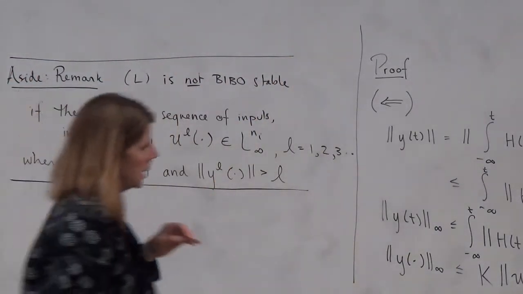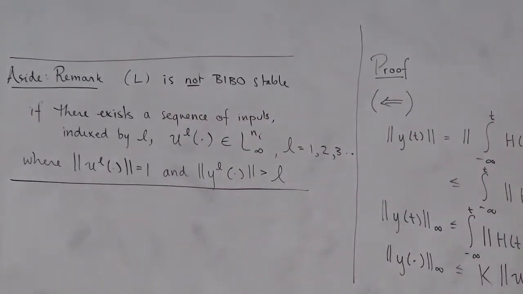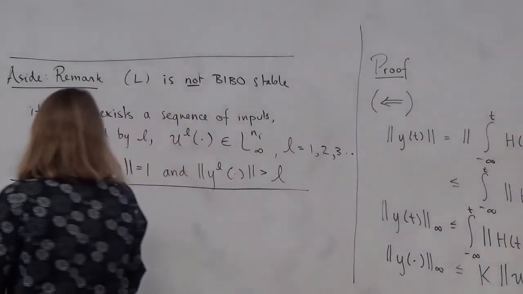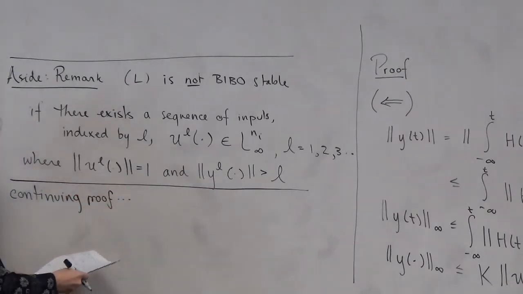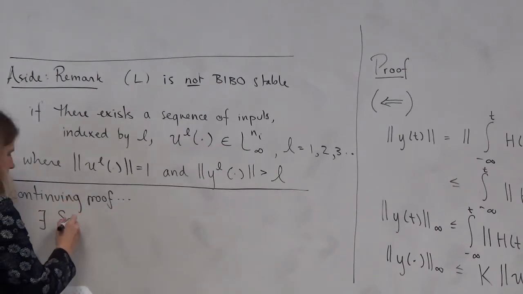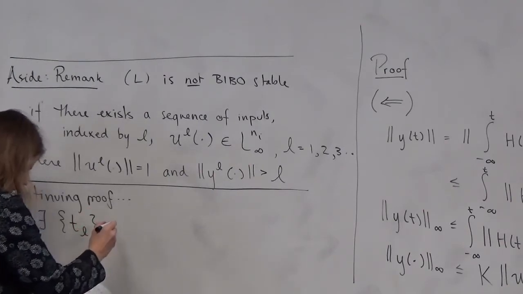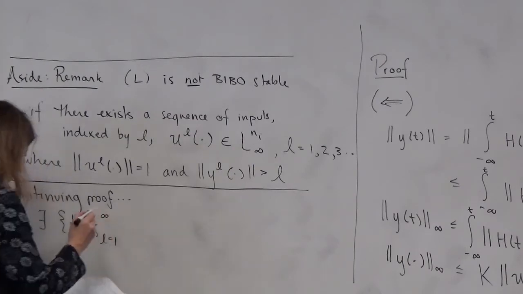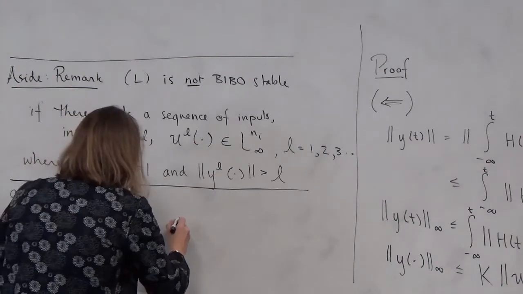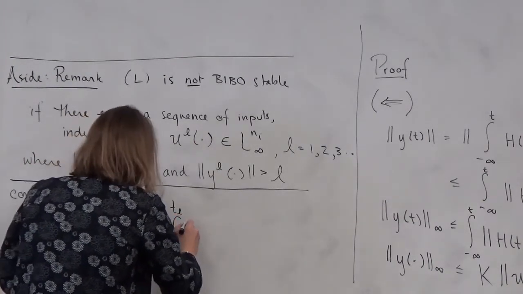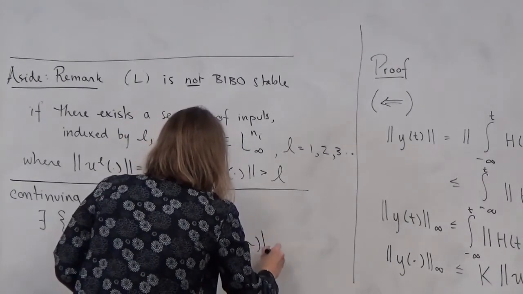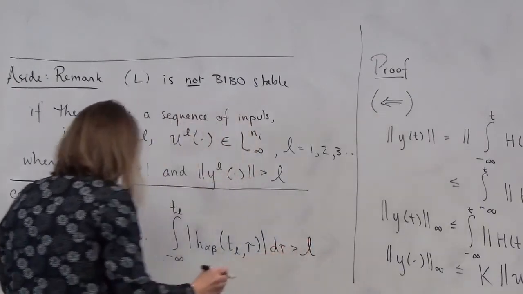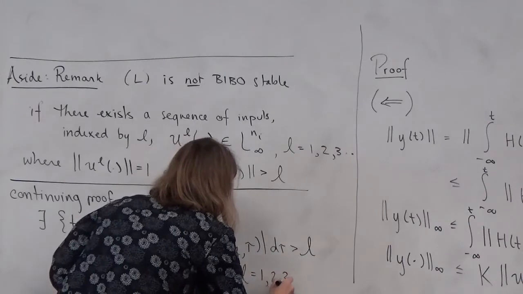Now, this is an aside, but this is what I'm going to use. If the supremum of the integral of at least one element of my weighting matrix is infinite, then, continuing the proof, there exists a sequence of times, which I'll write as T sub L, from L equals 1 up to infinity, such that the integral from minus infinity to T_L of the norm of H alpha beta of T_L, tau d tau is greater than L. That's true for L equals 1, 2, 3 up to infinity.